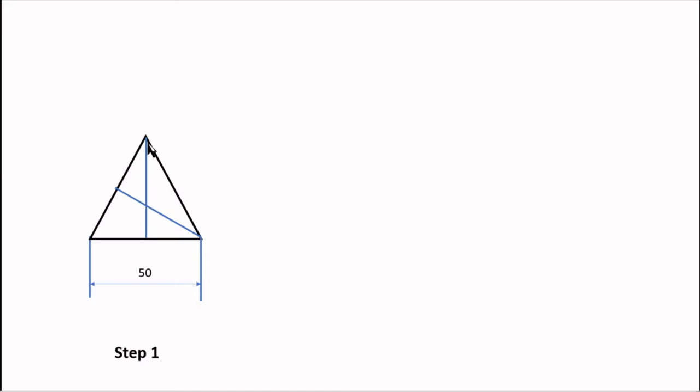The intersection of two such medians gives me the location of the centroid, depicted by this red circle. Now, the point of suspension has been given 15 mm from point A. The blue dot represents the point of suspension where I am going to suspend this plane, and I join it with the centroid like this.